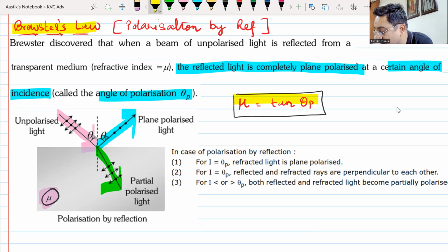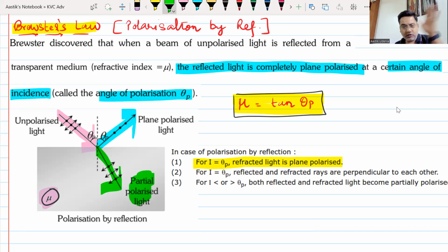This law is known as Brewster's law. Do we understand this? Yes. That means if the angle of incidence is exactly equal to the Brewster angle, the light which is reflected will be perfectly plane polarized, whereas the refracted light will always be partly polarized. The refracted ray is not completely polarized, it is partly polarized. Do we understand this? Yes.